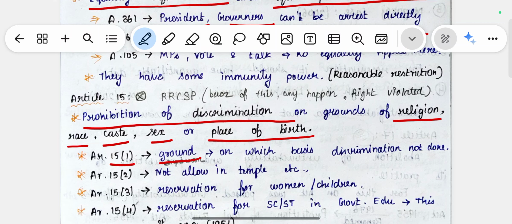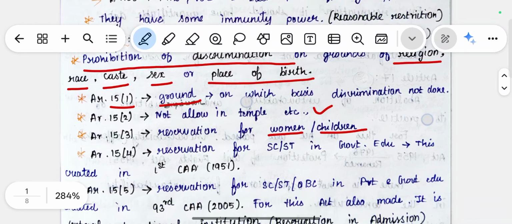In article 15 clause 2, some people are not allowed in public places because of discrimination. That should not be done and should be avoided, which is talked about in article 15 clause 2. Article 15 clause 3 talks about the reservation for women and children. Article 15 clause 4 talks about the reservation for SC/STs in government educational institutions. This was added in the first Constitutional Amendment Act of 1951.